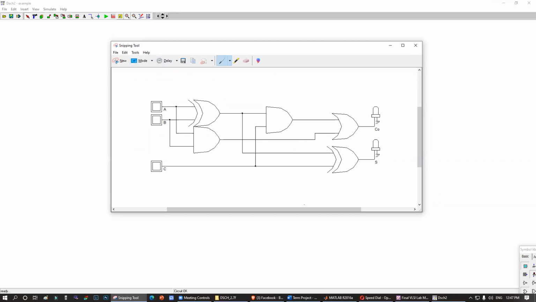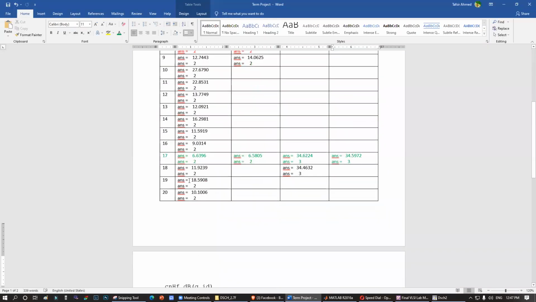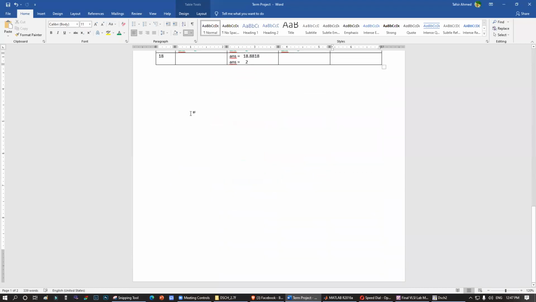Now Control C, go to your Word document, lab report. Write schematic diagram, then under the diagram you will write: the schematic diagram is shown in figure 1, because the name will be figure 1.